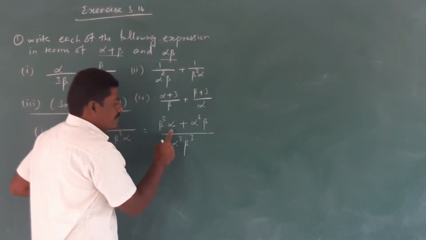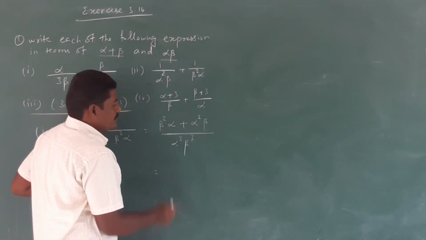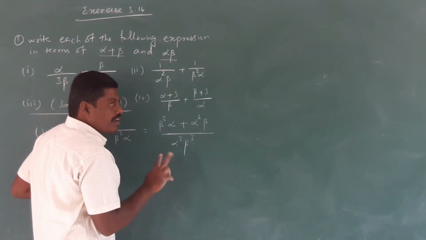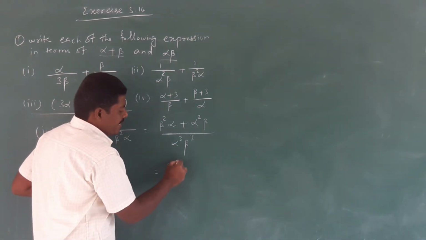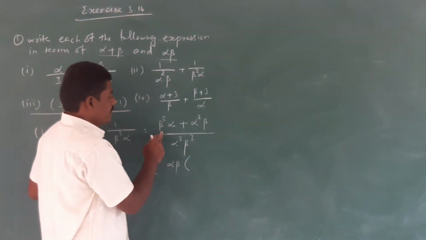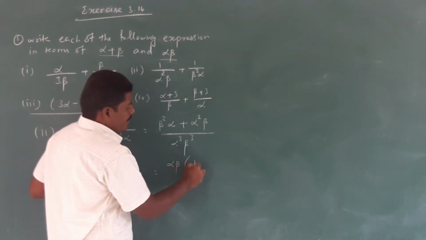In these two terms, alpha is common. Here beta is there, here also beta is there, so beta is common. So both alpha and beta are common, and we can take them outside. So what's remaining? Here 2 times beta, already we have taken 1 beta outside, so 1 beta inside.